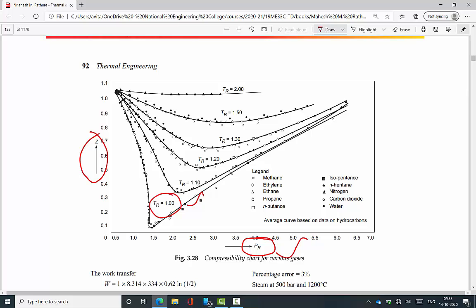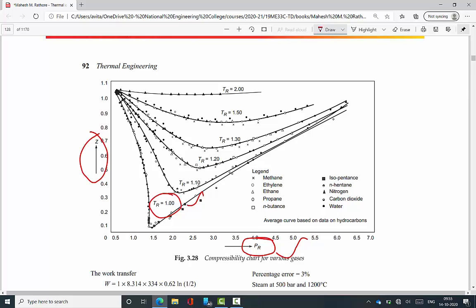See the diagram. For nitrogen at TR equal to 2, where TR is T actual divided by T critical, the compressibility factor is greater than 1, which means PV is less than RT.